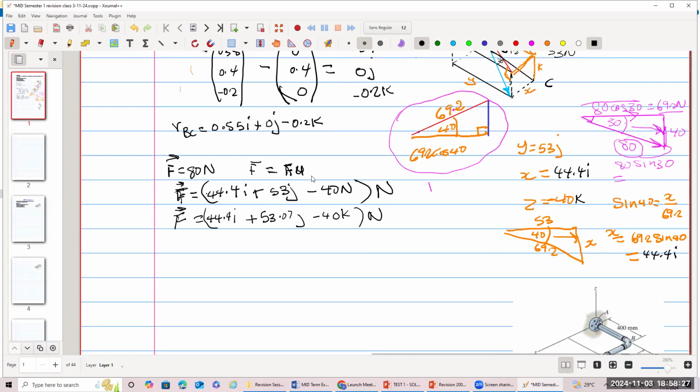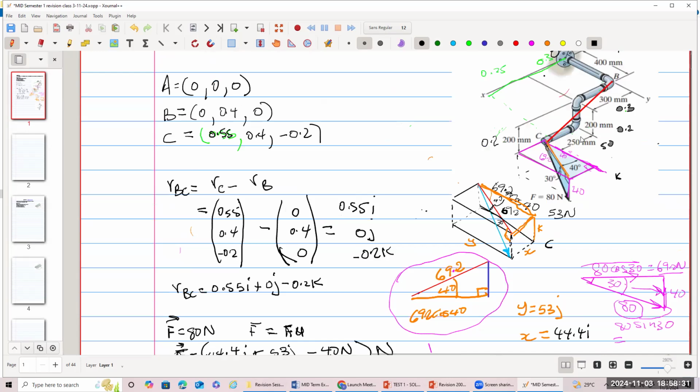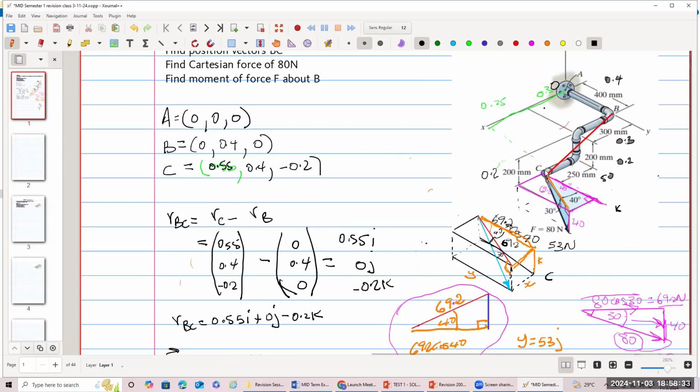How do we do that now? Anybody want to tell me? So where's the force? This is the force down here, and we have converted it to Cartesian format. They say you must find it about the point B. So this distance here is the representation of the position vector for this point.